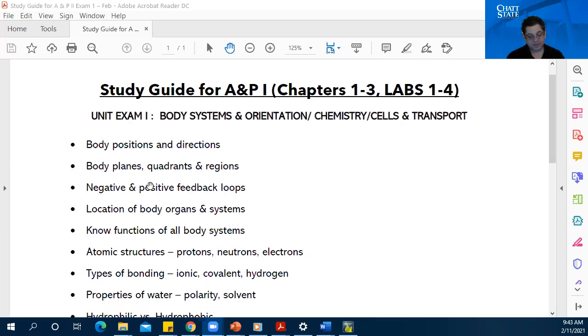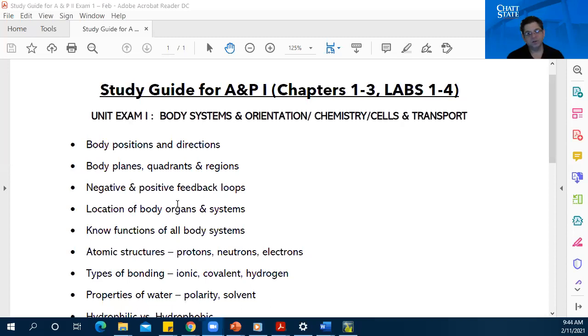The biggest thing coming out of chapter 1 physiologically was those feedback loops. So we're going to look at the 3 components that make up every feedback loop: the receptor, control center, and effector. So this is just to buzz your brain, just to get it all started up. And then all the organs, what organ belongs to which system, and getting to know brief functions for each of those 11 body systems: the skin, the bone, the nerve, endocrine, lymphatic, respiratory, reproductive, digestive, all those things.